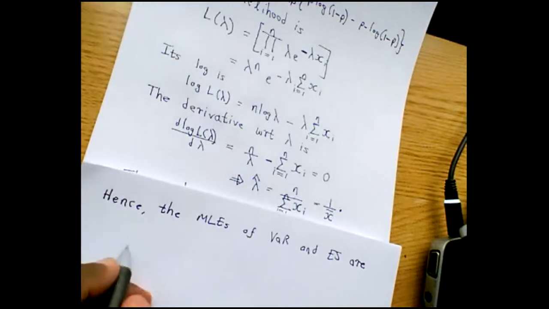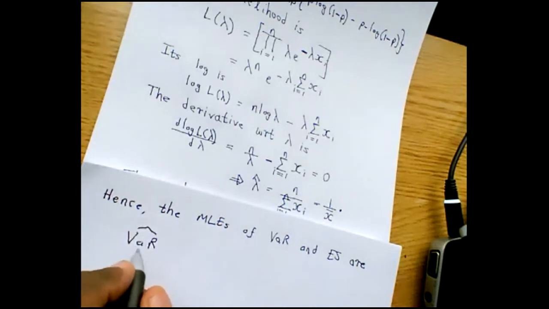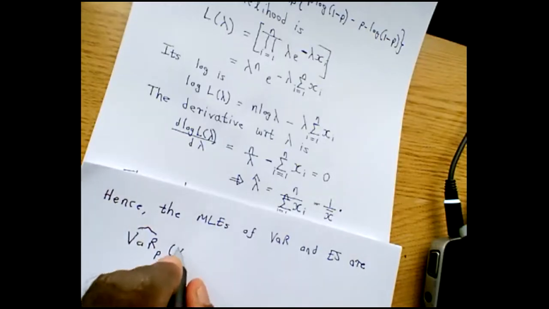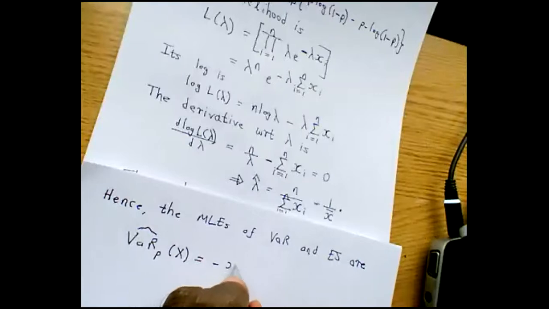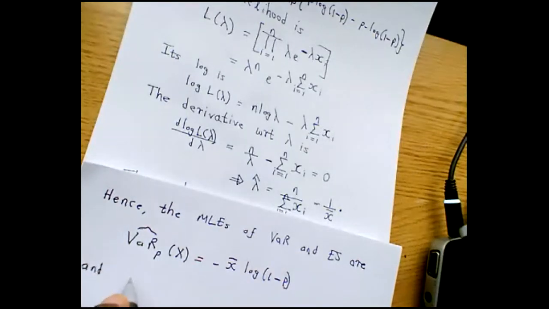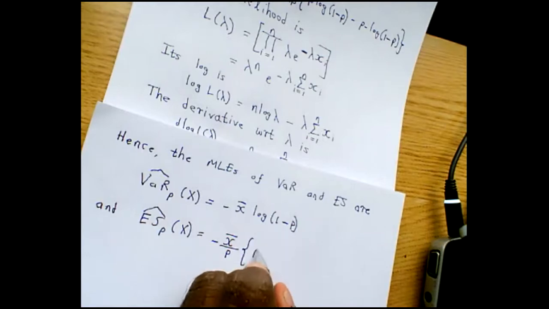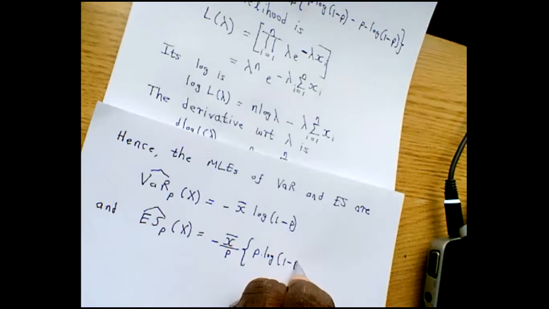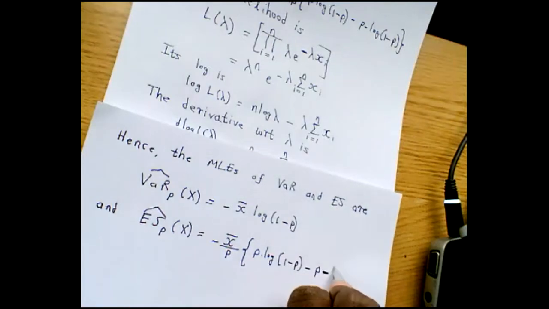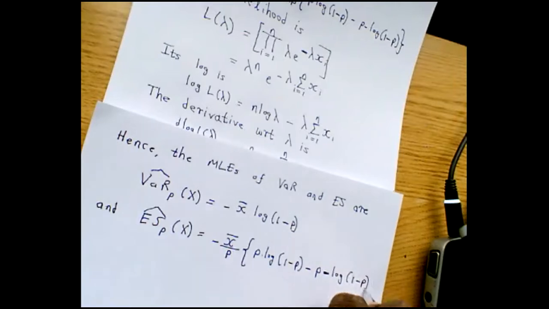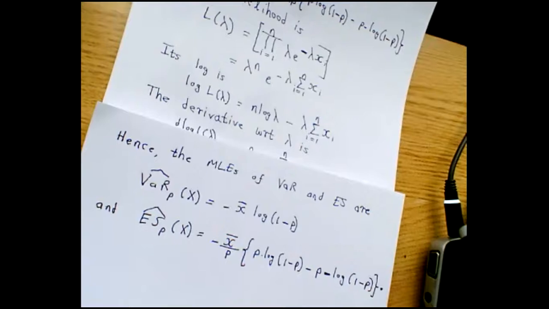The MLE for VaR will be this, and the MLE for ES will be this. All right, so this completes question 1.